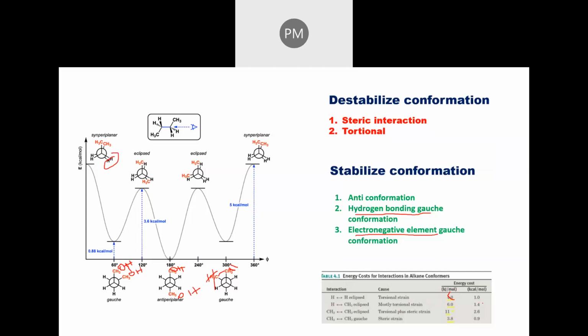If there is a methyl and a hydrogen, then it will be 6 kilojoule per mole. If there are 2 methyl groups, the bulkier groups, that will be 11 kilojoule per mole. And if these 2 methyls are in the gauche conformation, like this and this, then that will be 3.8 kilojoule per mole.